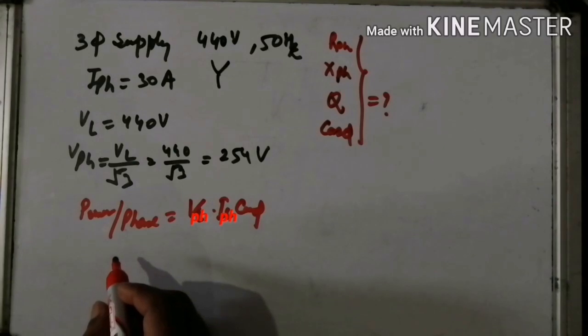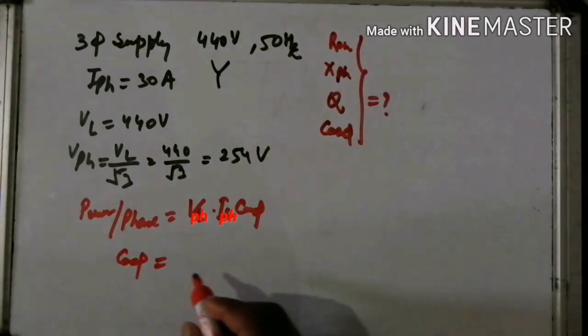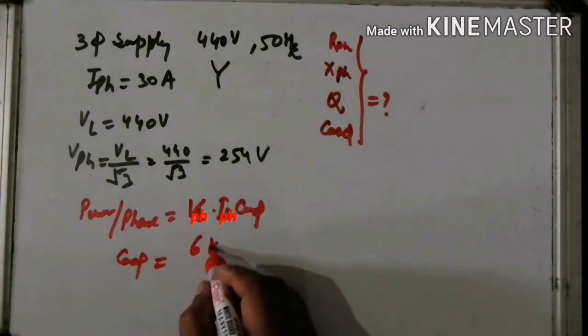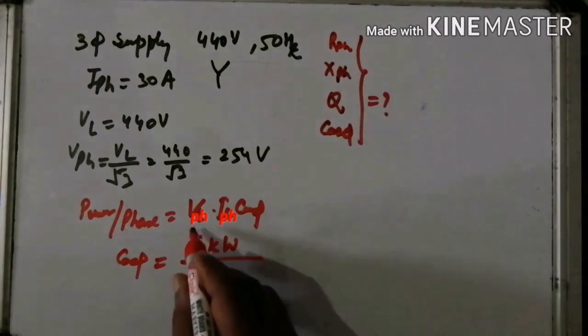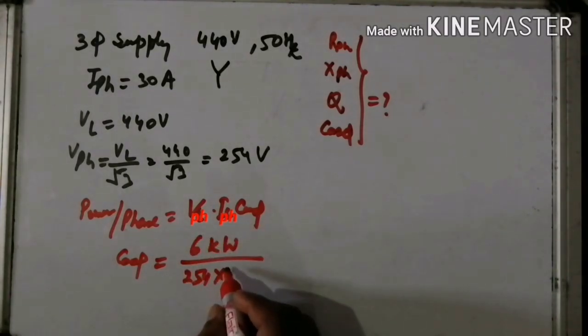So cos phi is equal to power, that is 6 kilowatt, divided by VPH, that is 254, into IPH, and IL are same.